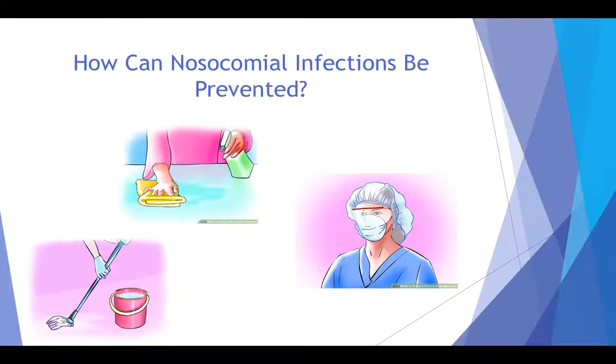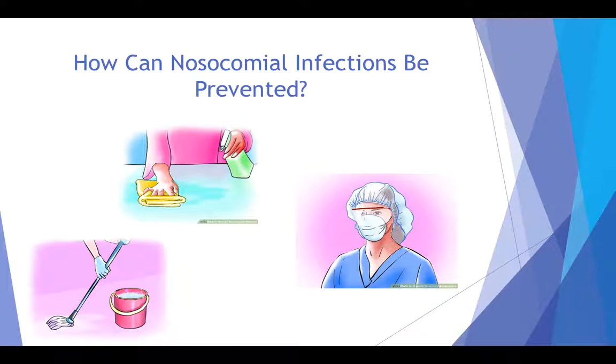So how can nosocomial infections be prevented? Some general precautions are that all medical personnel should wash their hands with soap and water or an alcohol-based hand rub before and after caring for each person. That is to stop the spread of infection.